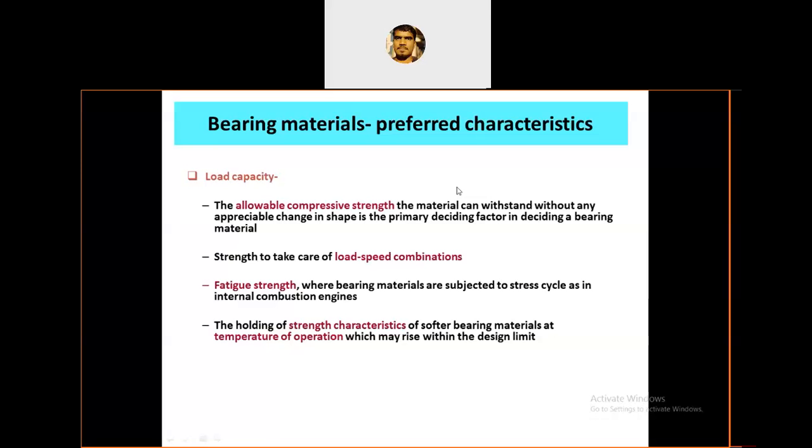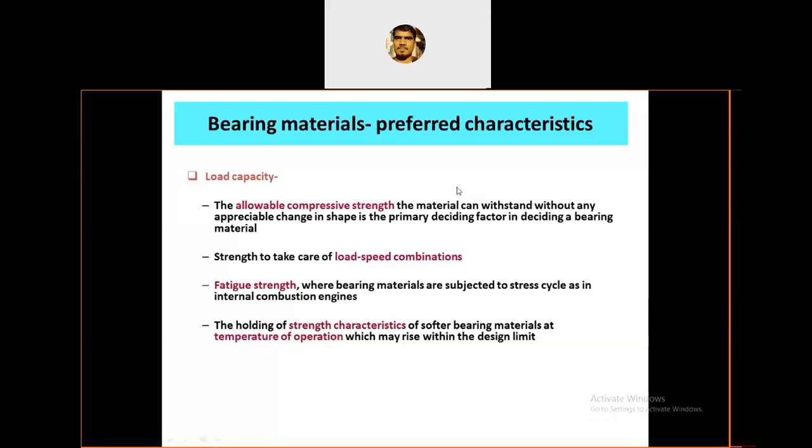Because if you apply the compressive load, clear? Compressive load is different and tensile load is different. I think you already studied this in your mechanics of materials. Compressive means the load which is towards the object. So if the load increases, what happens? It may deform the shape, it may change the dimension.